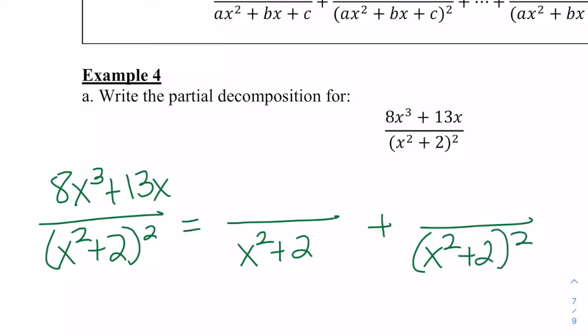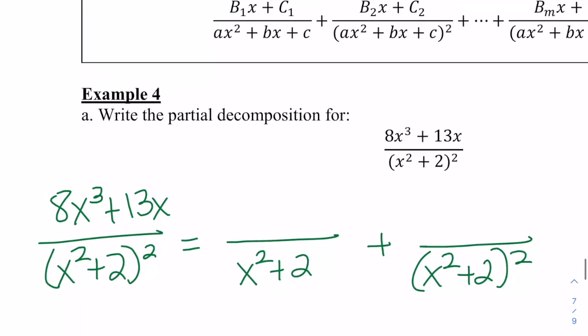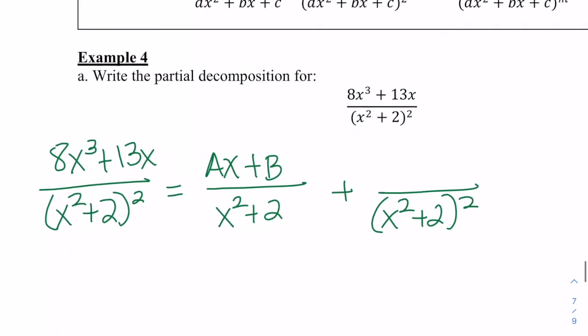Now remember, we want to have a linear factor in the numerator of a quadratic factor. So here we're going to write this as ax plus b. Now this is a repeated quadratic factor, so the numerator will be cx plus d.